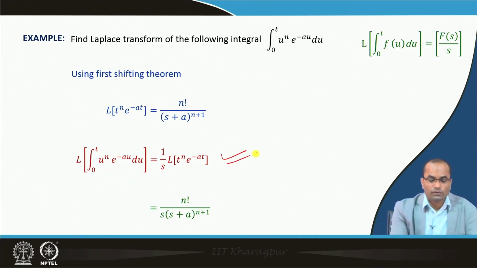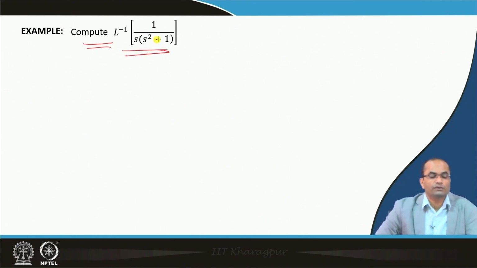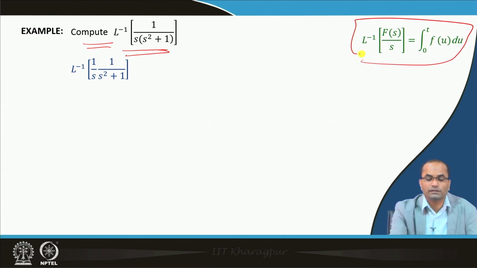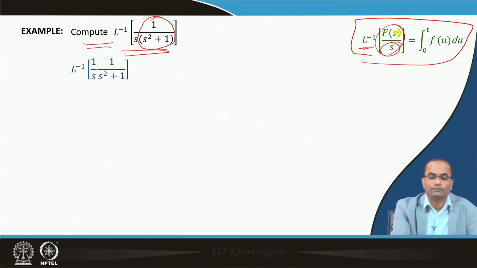So, that is also done, and now we want to compute, for instance, L inverse of 1 over s square plus 1, and we will use the analogous definition of this integral for the inverse. So, we have L inverse of f s over s. If we know, for instance, the L inverse of 1 over s square plus 1, then we can get the inverse for f s over s just by integrating that function.